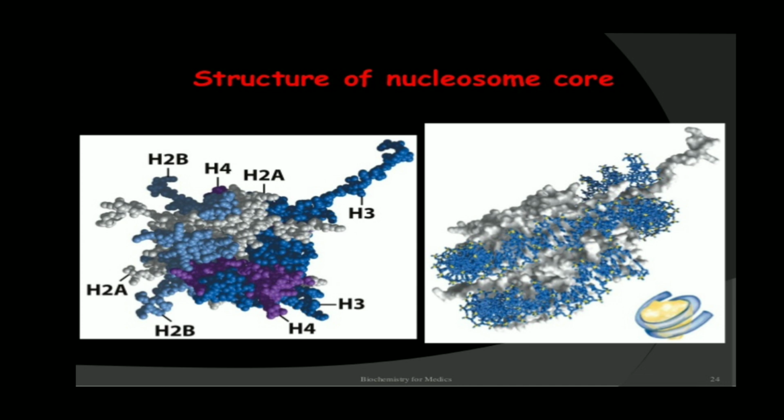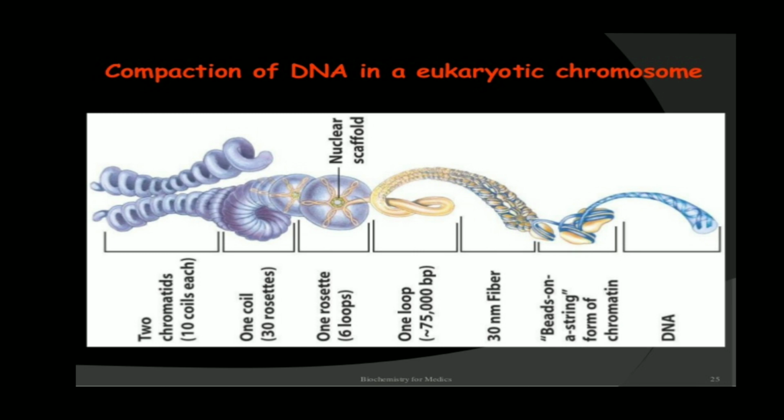H2A has another copy, H2B has another copy, H3 has another copy, and H4 also has another copy. So there are 8 subunits in total, which is why it is called an octamer, and DNA is just wound around this octamer. Here you can see the compaction of the DNA into eukaryotic chromosomes.